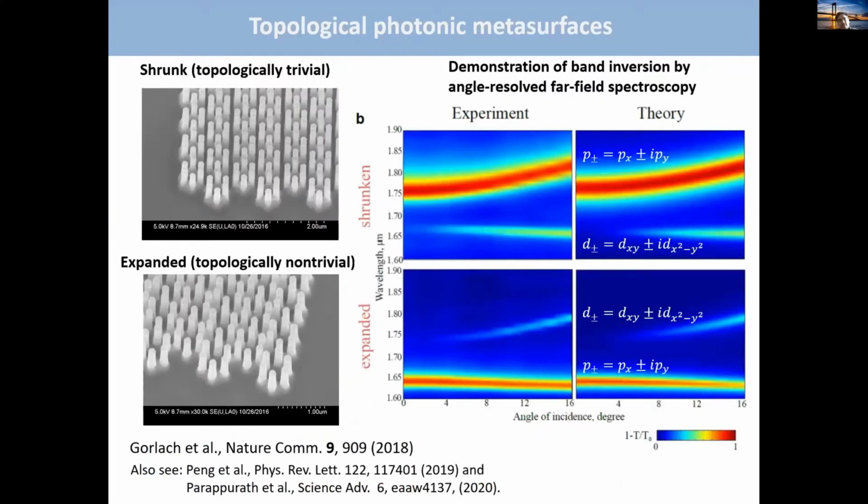We previously did that in a different design, the same concept of the spin Hall photonic insulator, where we clearly saw that we can outcouple topological bulk modes and topological boundary modes.